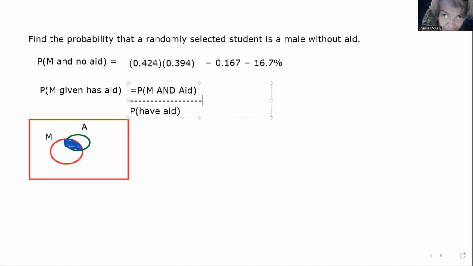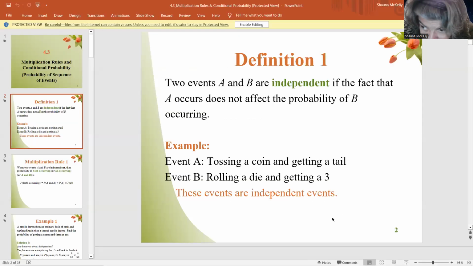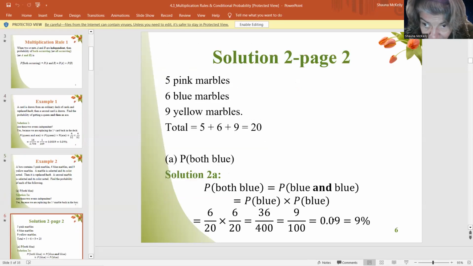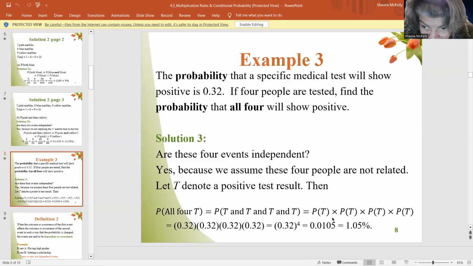Let me show you this on the slides so you can see what I'm saying. Let's scroll down, past the independence.